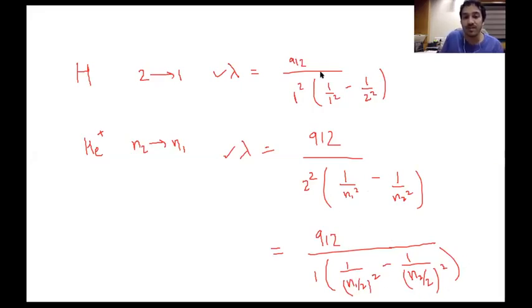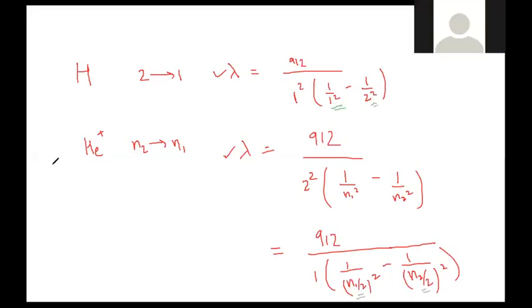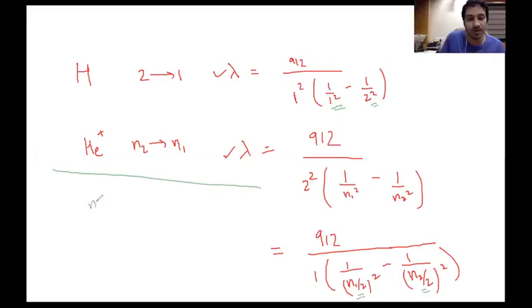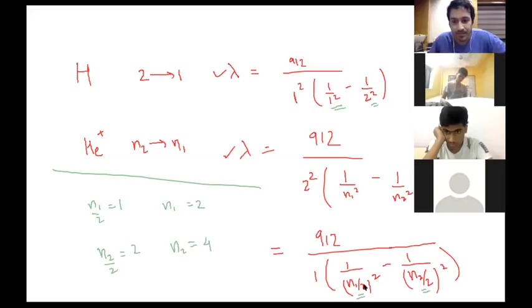Now, if these two wavelengths have to be the same, then this value and this value must be same, and this value and this value must be same, meaning N1 by 2 is equal to 1, which means N1 equal to 2, and N2 by 2 is equal to 2, which means N2 is equal to 4. Right? ये जो 2 square है, this 2 square over here, it goes into the numerator and then you can take it out of the bracket, so it will come as 2 square over here.